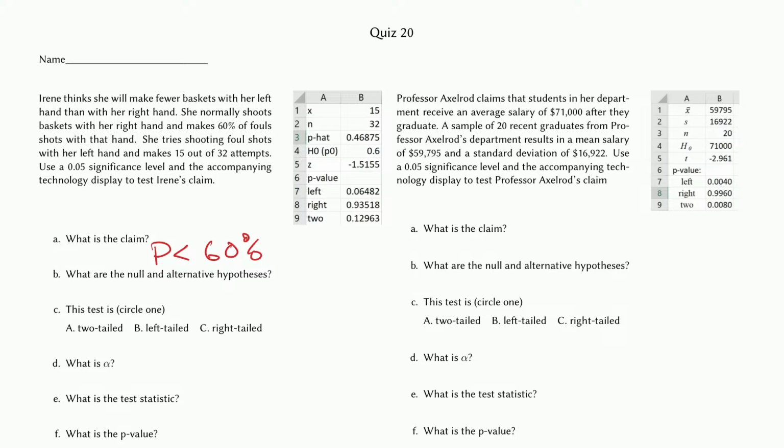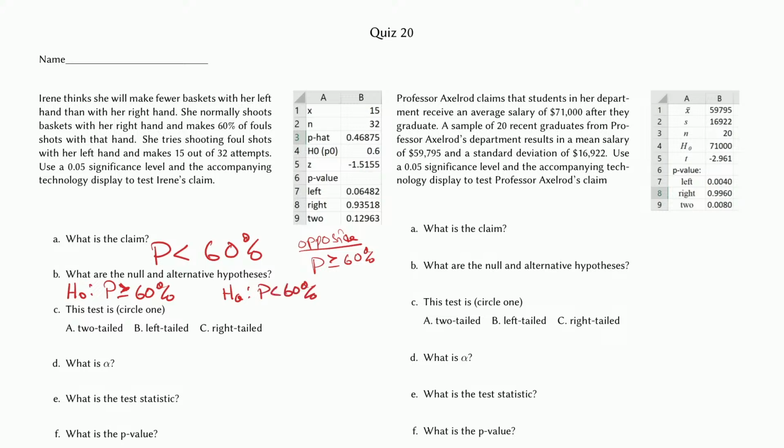And of course, I don't have the opposite of the claim here. I probably should have. So the opposite, just for my own help, is this. So you have the claim, the opposite of the claim. Then you want, now I'll tell you how to grade yourself in just a sec, but the null hypothesis will be that P is greater than or equal to 60%, and the alternative is that P is less than 60%.